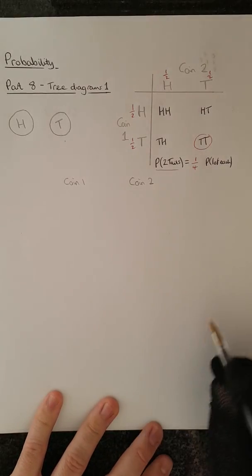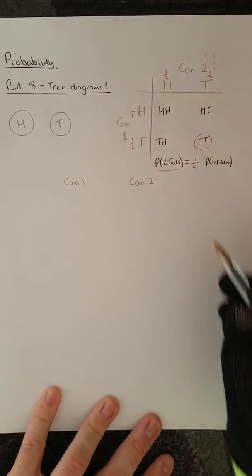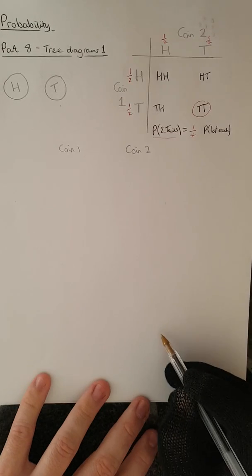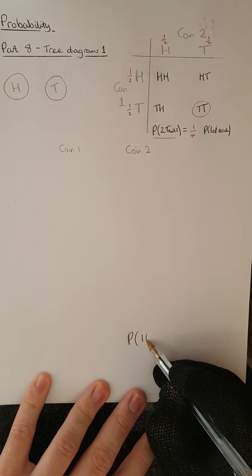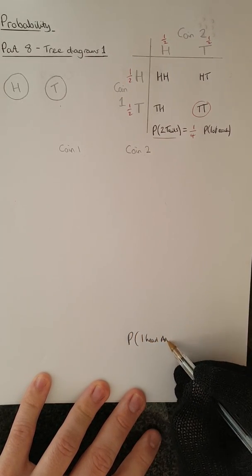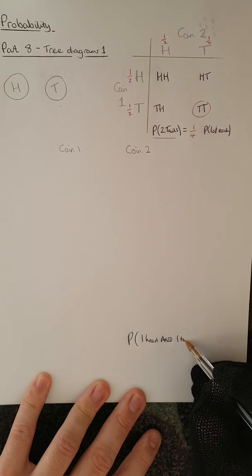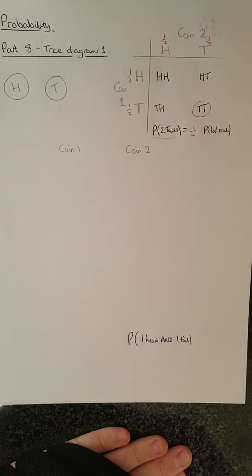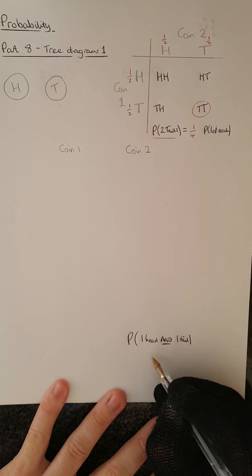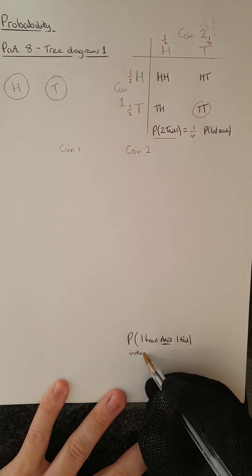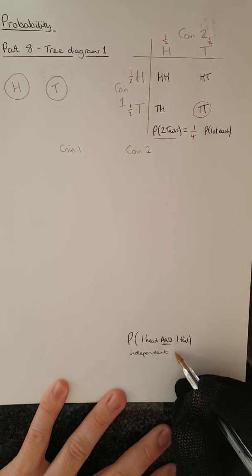Right, let's come down here and do some calculations. Probability of one head and one tail. So straight away you see and you start to think about independent events.